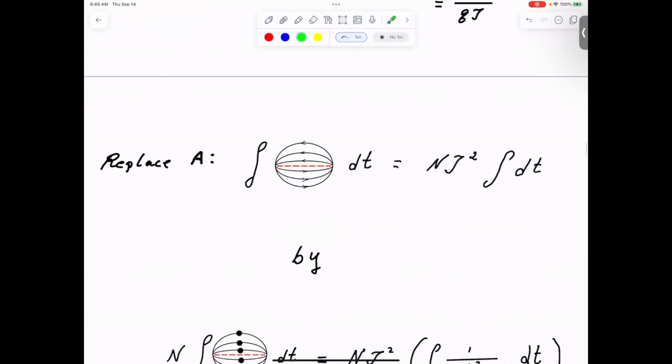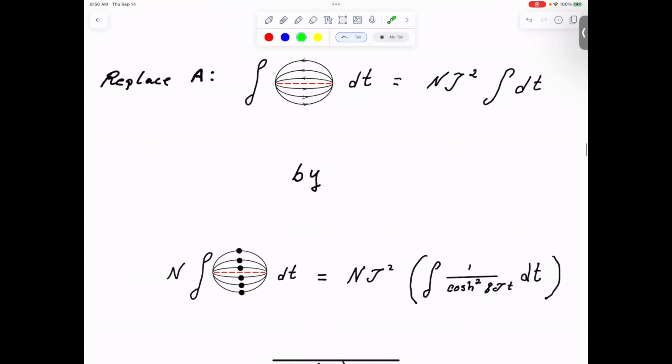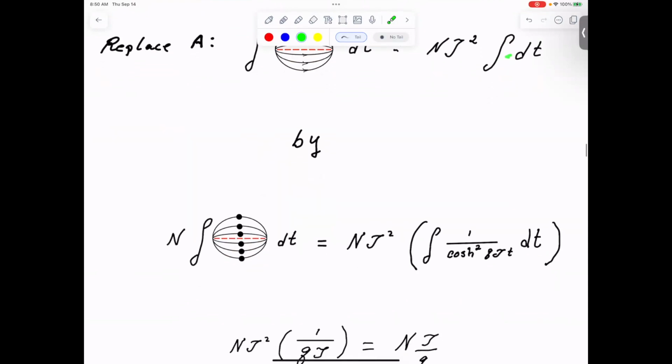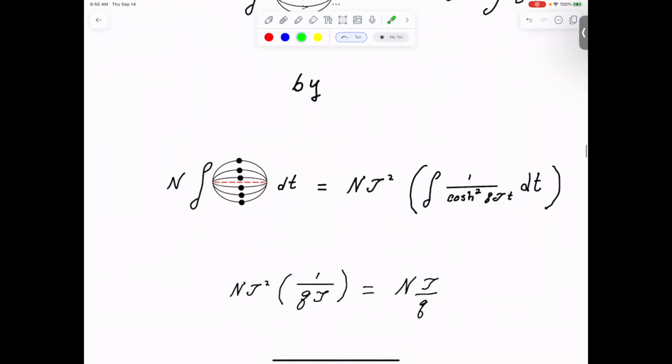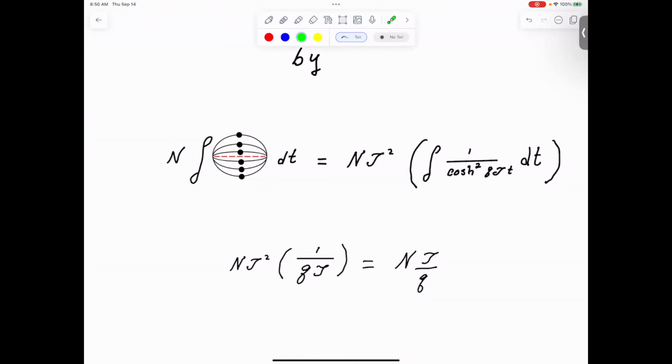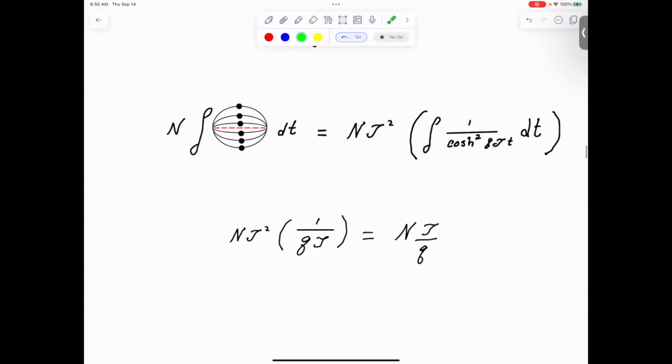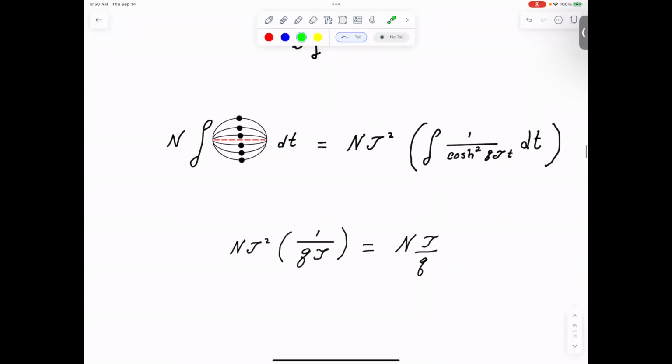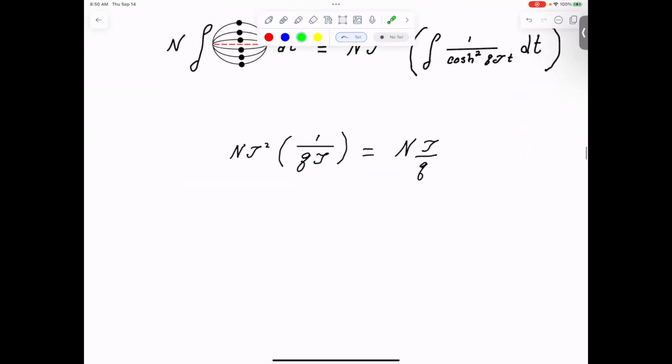All right, so let's take this graph A that I introduced before, which was an integral over t. It started out as nj squared integral over t, but now we replace the integral over t by the integral dt 1 over cosh squared, and we find out that it's infrared safe now, and instead of being infinite, it's nj over q. I simply set this integral here to 1 over qj, which it is.